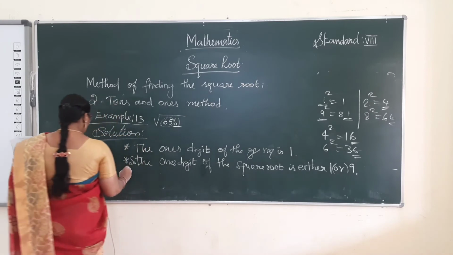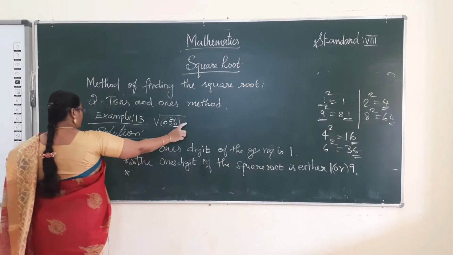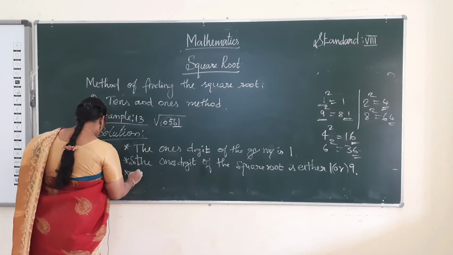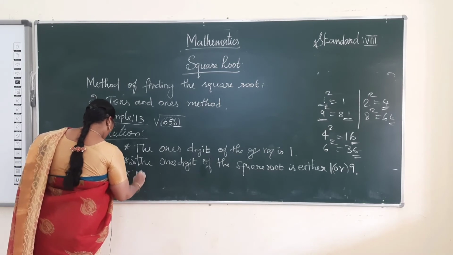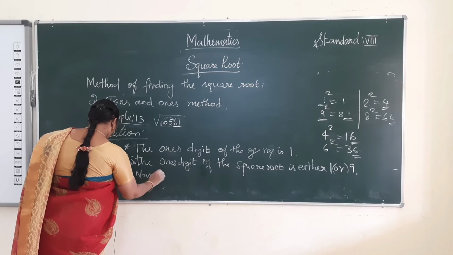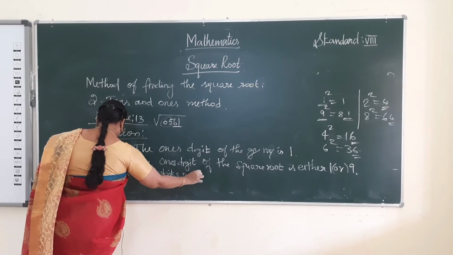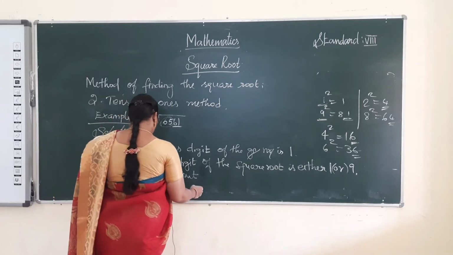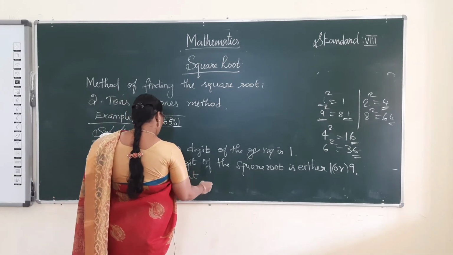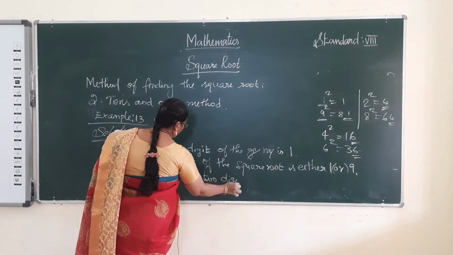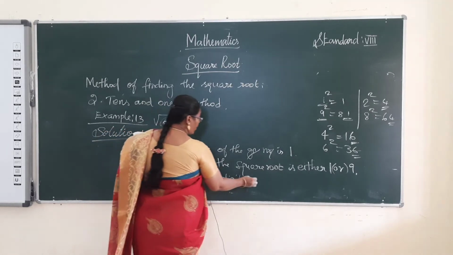Now the third step: strike out two digits from the right.